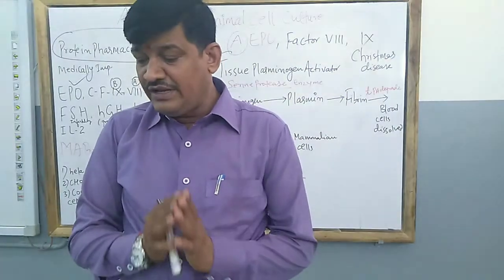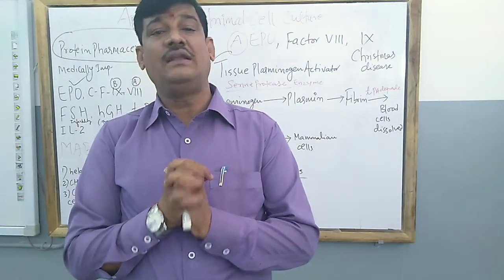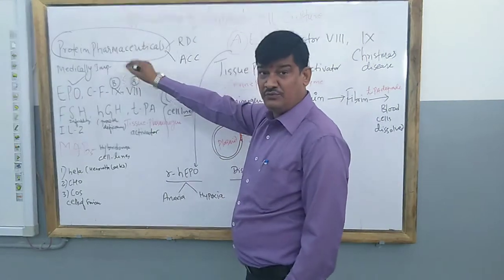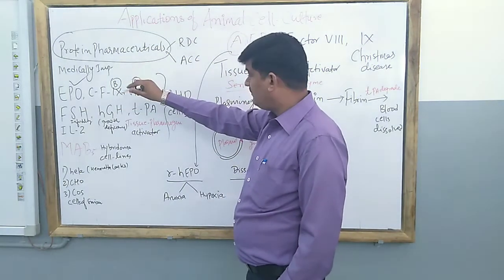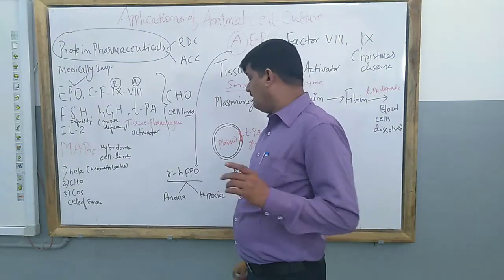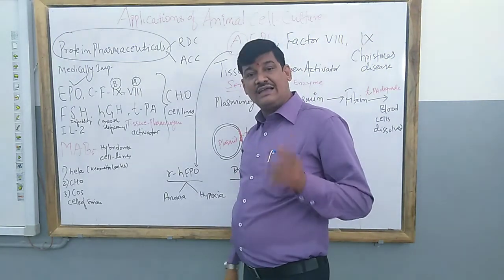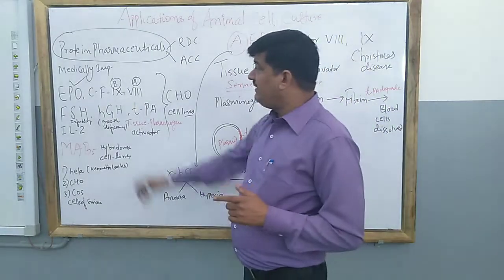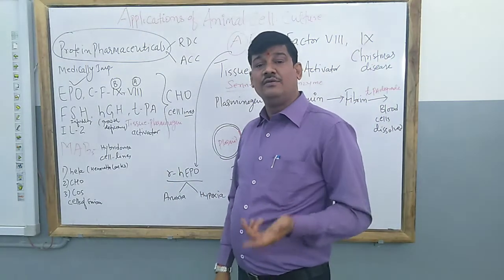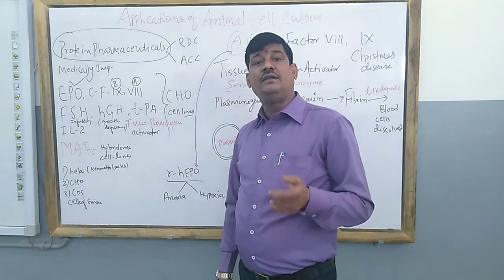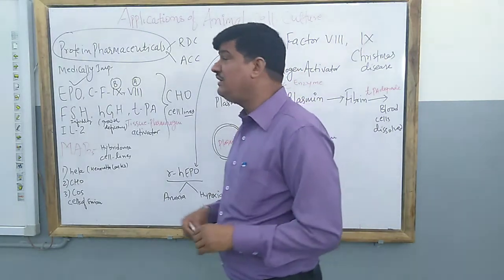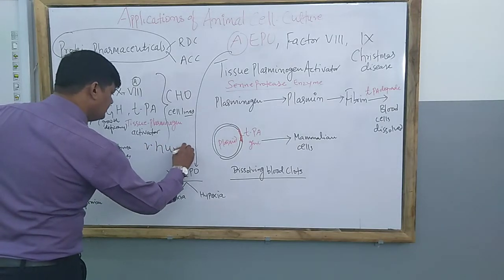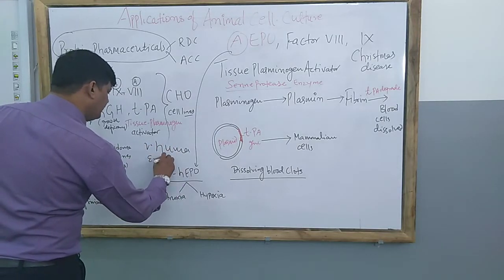Erythropoietin is a kind of glycoprotein hormone, and as I told, it is used in the treatment of lack or shortage of oxygen. More importantly, erythropoietin is nowadays produced with the help of recombinant DNA technology, so we call it recombinant human erythropoietin.